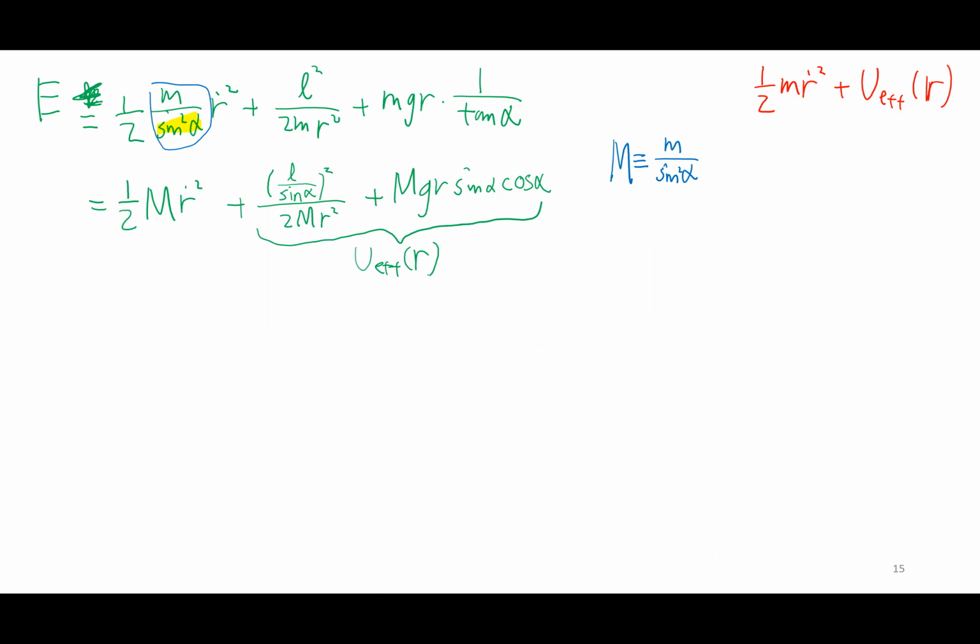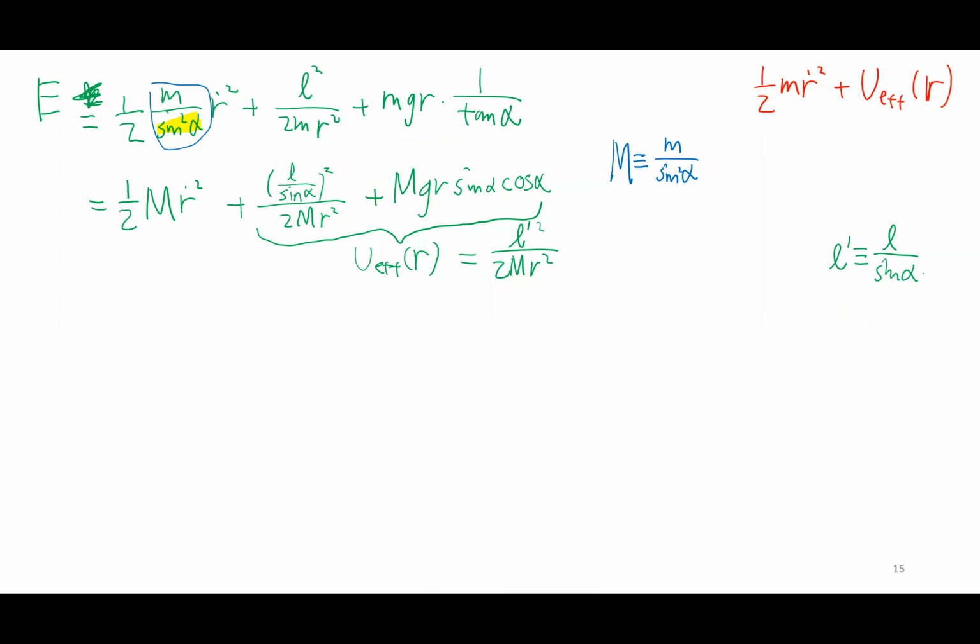But one thing is that the first term of the U effective is not just L squared divided by 2mR squared. It's L divided by sine alpha all squared, divided by 2mR squared. But that's okay. I'm going to define a new thing called L prime, and as you might guess, L prime is defined as L divided by sine alpha.